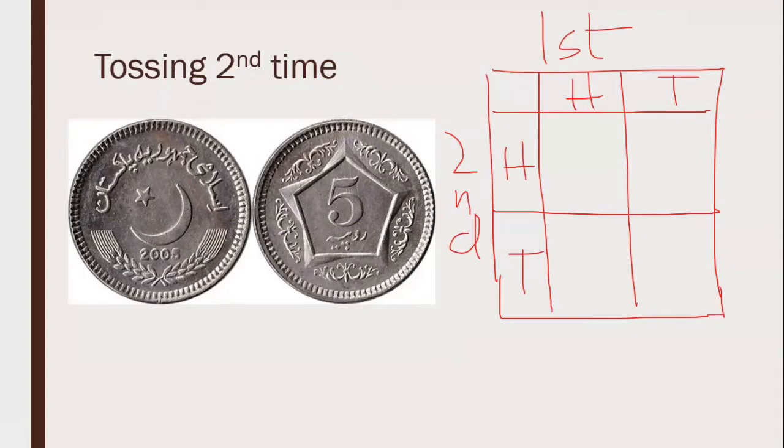So let's assume this is the possibility diagram, and let's assume that in the first toss you got a head, and then in the second toss you again got a head. So you have a possibility of head and head. Then the first time it was a tail, and the second time it was a head, so you get a possibility of tail and head.